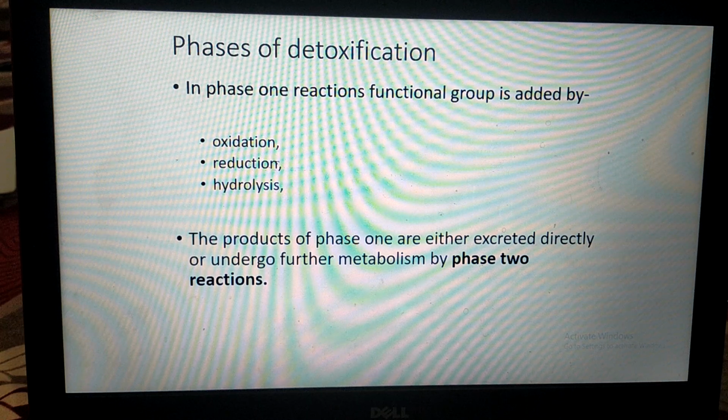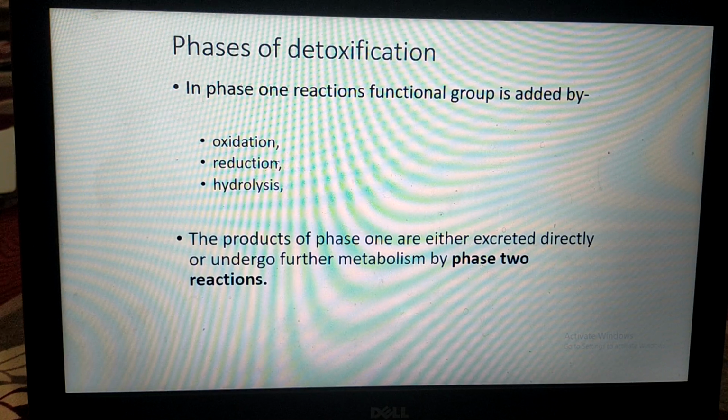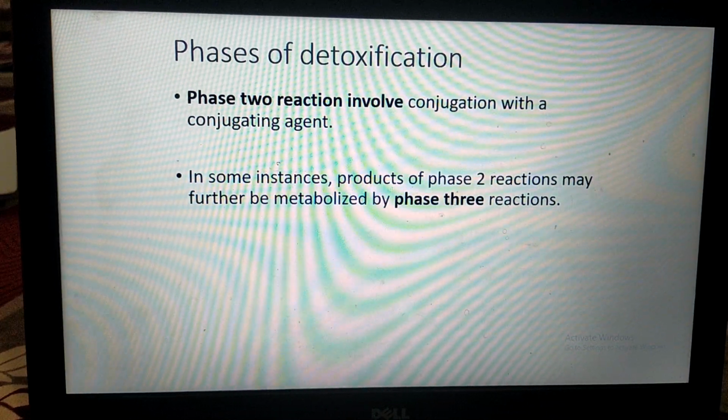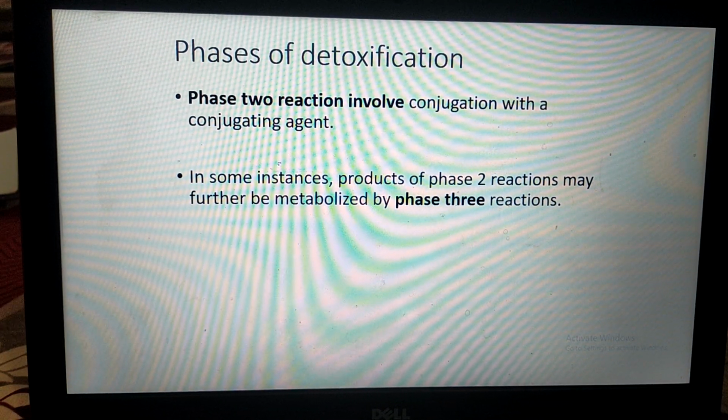Now after addition, the products of phase 1 reaction may either be excreted or they may enter into phase 2 reactions. Phase 2 reaction generally involves conjugation with a conjugating agent. Sometimes the products of phase 2 may undergo phase 3 reaction, but it is rare.